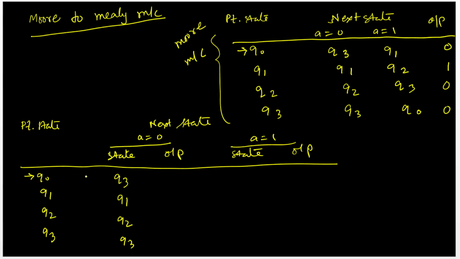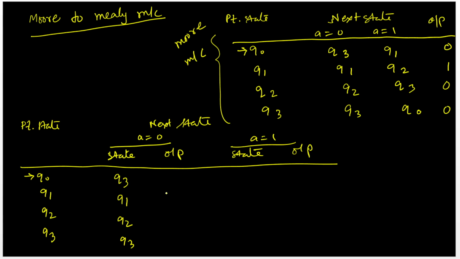So look into the Moore machine: for q naught the output is 0, for q1 output is 1, q2 output is 0 and q3 output is 0.